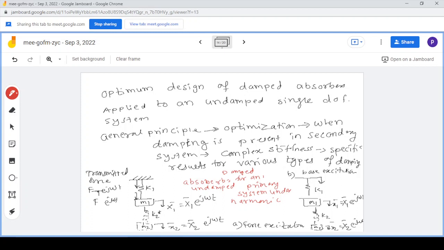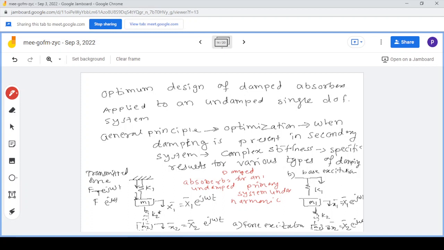Now in this optimum design of the damped absorbers, what can we see in the first case? In the first case we can see an undamped single degree of freedom system subjected to harmonic force, and in the second case we can see the base excitation. And in this case the solid lines in figures A and B are shown, right? And these solid lines indicate the stiffness and the mass of the primary system, right?